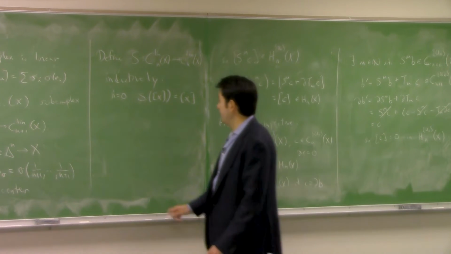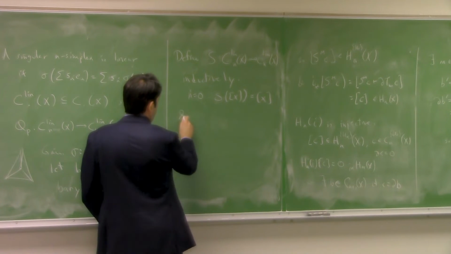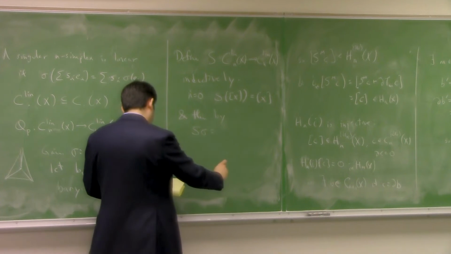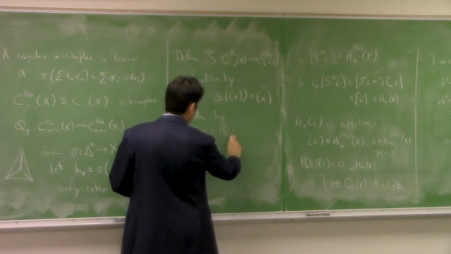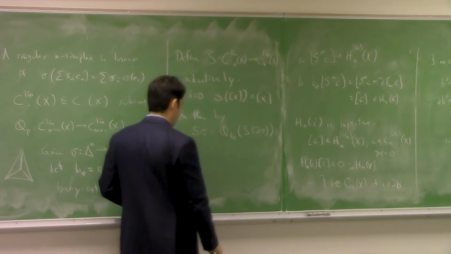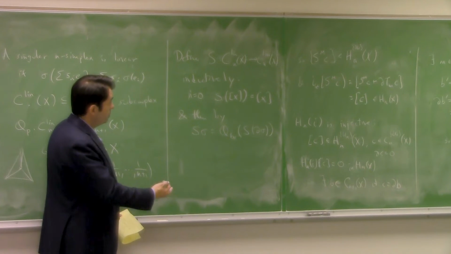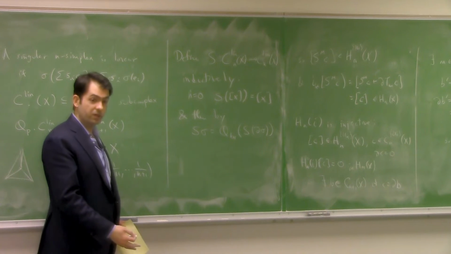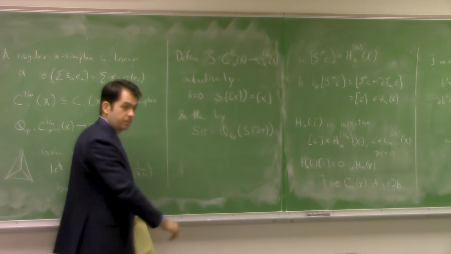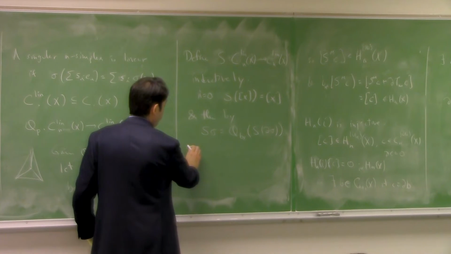And then S of a simplex sigma is going to be Q_{b_sigma} of S of the boundary of sigma. So if you know how to do it for n-simplices, then this is how you do it for (n+1)-simplices, because the boundary is an n-chain, so you know how to do that, and then you cone.